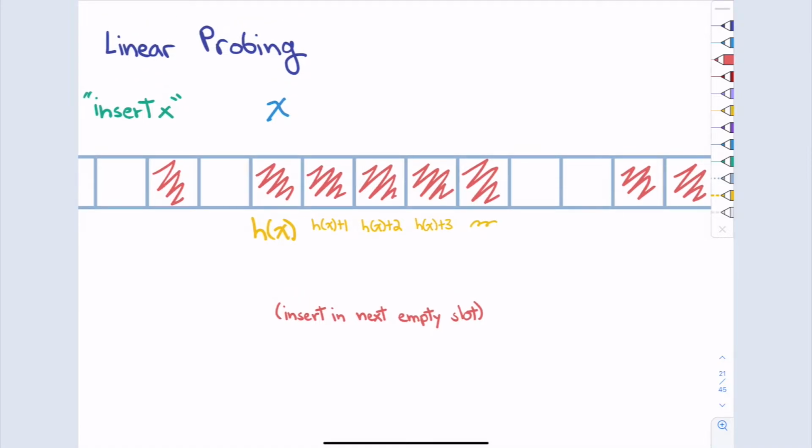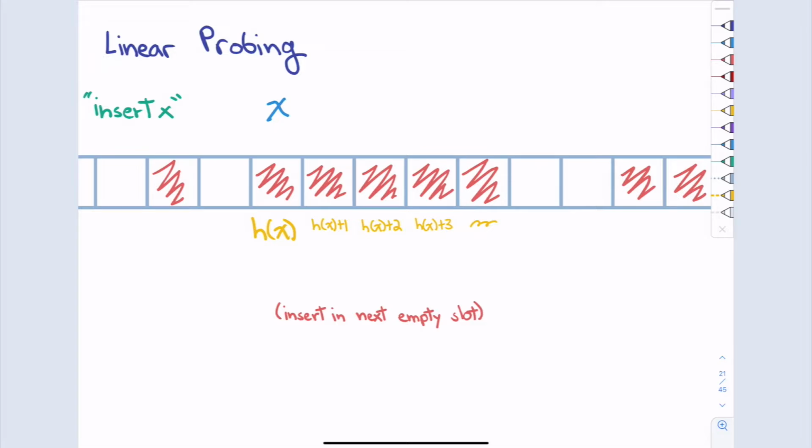All right. So linear probing. I sketched it out a little bit before, but the idea is that we don't really want to append a linked list to every array slot. It's sort of annoying. We want to keep everything in the array, partly because arrays are so high performance in practice.